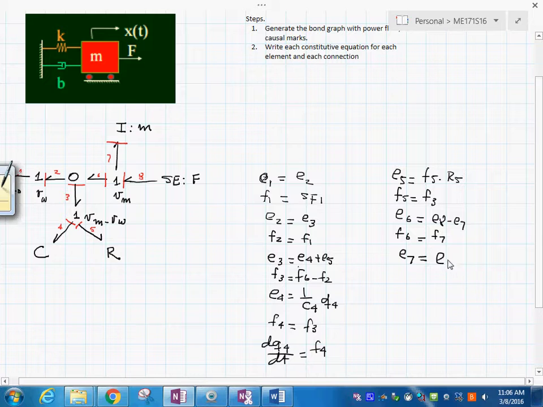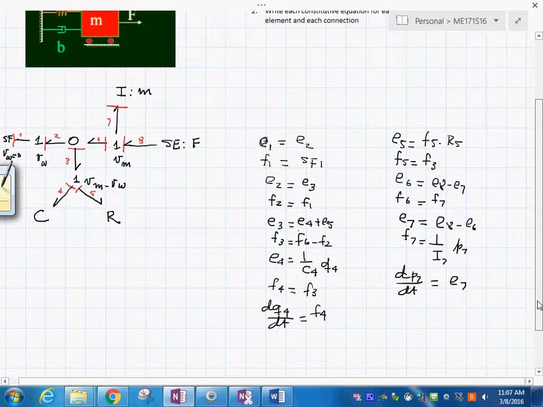And now we know that dp sub 7 dt is equal to E sub 7. We're not done, but this generates the second differential equation. And then you have that E sub 8 is equal to SE8, and that F sub 8 is equal to F sub 7.